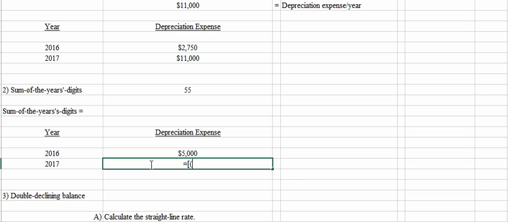Okay, we're going to say our cost, $115,000, minus the residual value of $5,000. That's going to give us our depreciable base of $110,000. So remember, though, for 9 months in 2017, we're actually still in year 1. So we're going to multiply by the year 1 rate, 10 over 55.